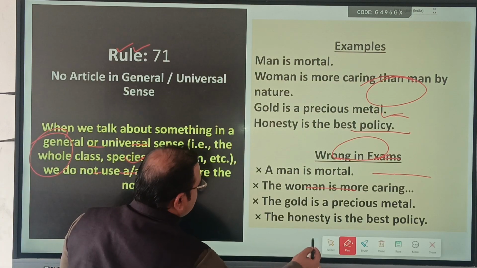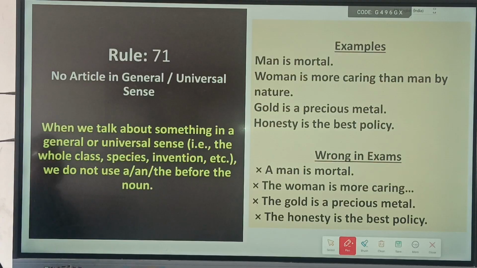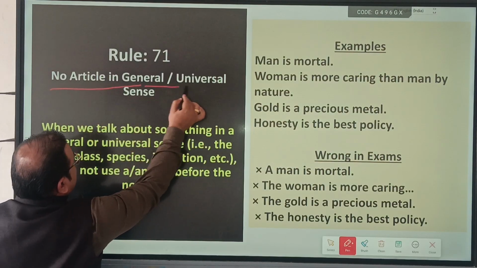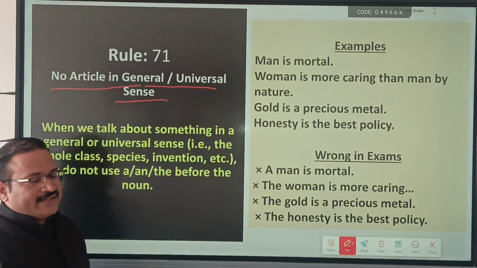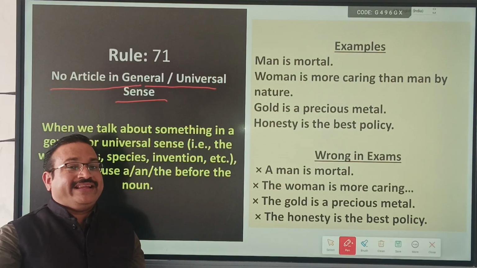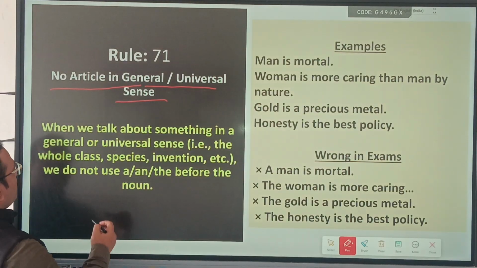Now rule number 71. When we talk something in general sense or universal sense, or you can say common nouns, when they are talked in general or universal sense, then what?